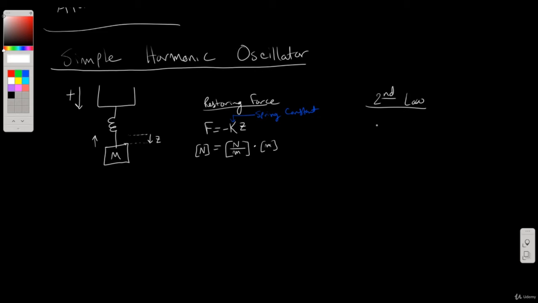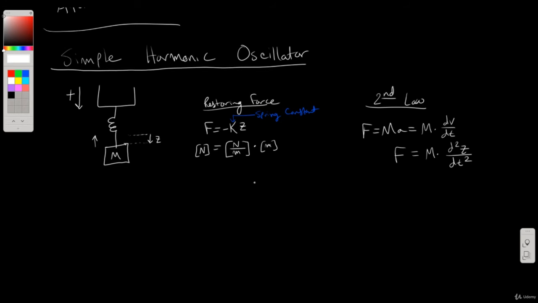That is F equals ma, which we're very familiar with. This is equal to m times dv/dt, which is m times d²z/dt², the second derivative of the position. And so this is F as well.